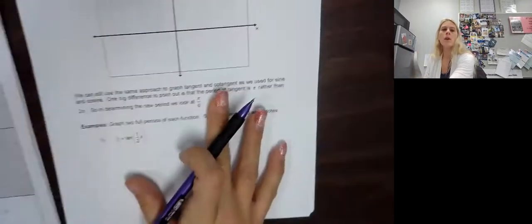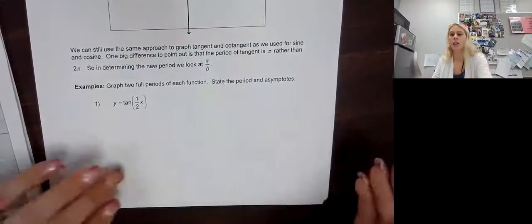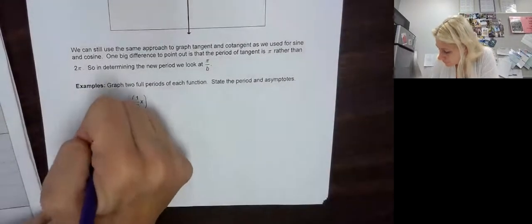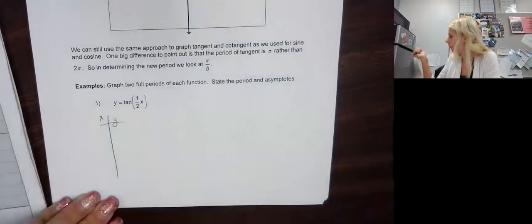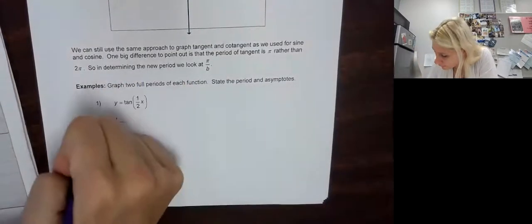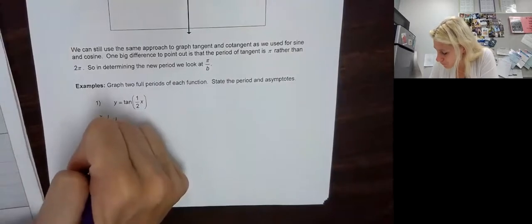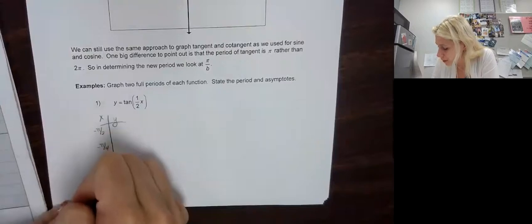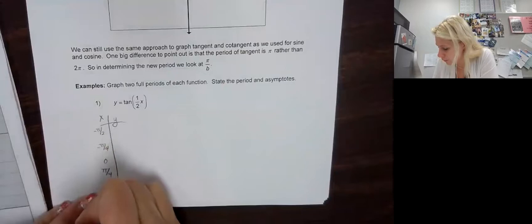Okay, so examples. What we're going to do is graph 2 full periods of each function and state the period and asymptotes. Okay, so we have x and y, and we're going to put down our parent function. So we've got tangent starts at negative pi over 2, negative pi over 4, 0, pi over 4, and pi over 2.